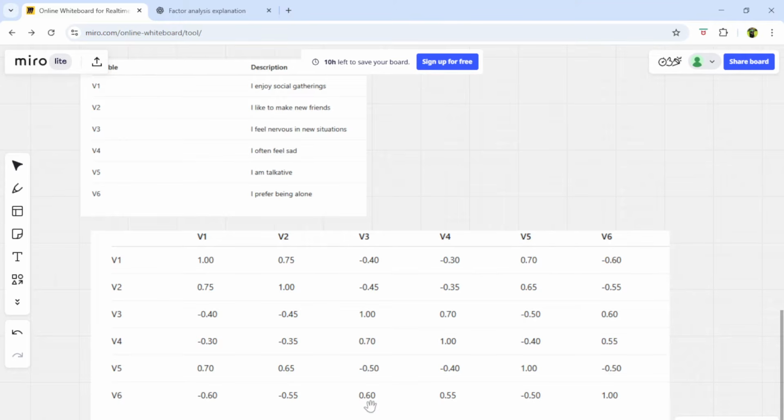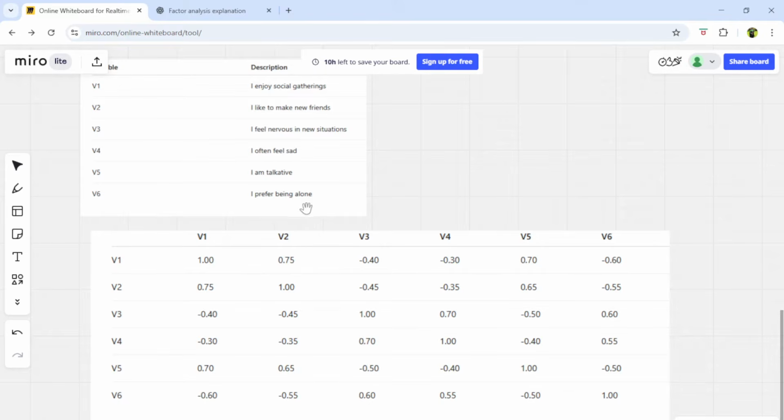And variable 4 against variable 6 is 0.55, also a positive relationship. So the remaining variables, variable 3, I feel nervous in new situations, variable 4, I often feel sad, and variable 6, I prefer being alone, are another 3 variables that have a strong correlation amongst each other.